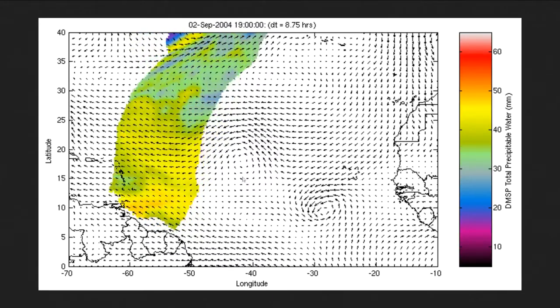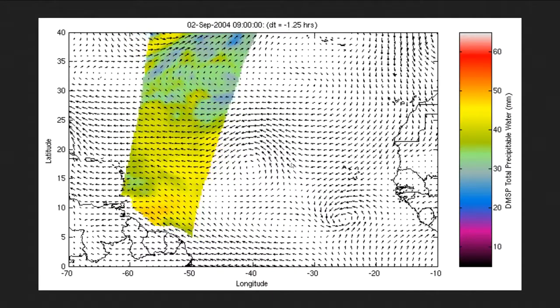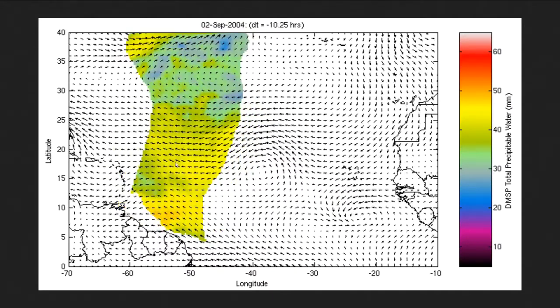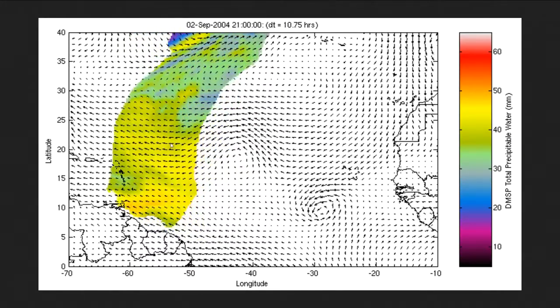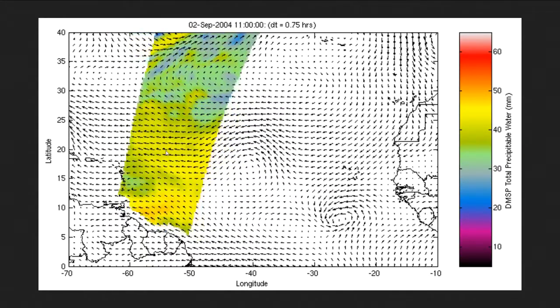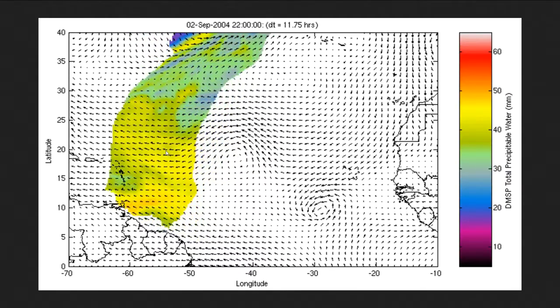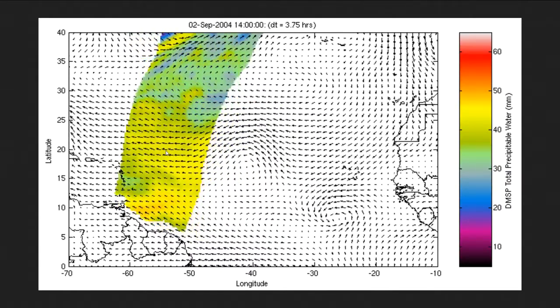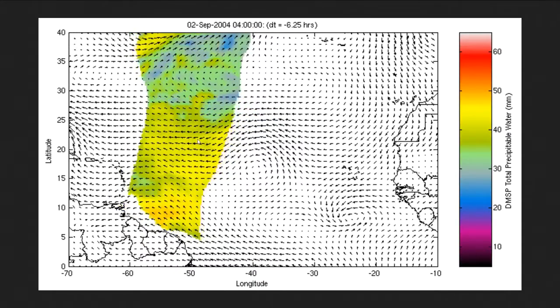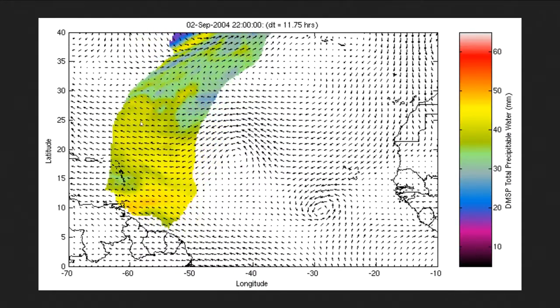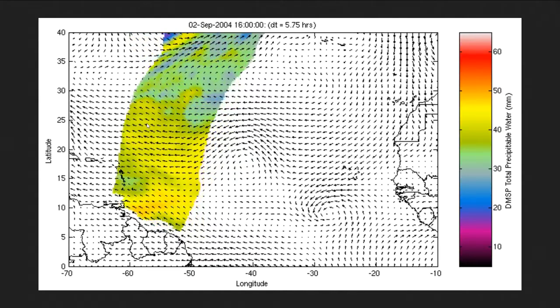Here, in black and white, are the wind fields, and the colored picture here is the original swath that we saw, and it's being morphed and changed in shape according to the orientation and magnitude of these wind fields. So stronger winds are going to push the moisture in the direction of the arrows more rapidly.